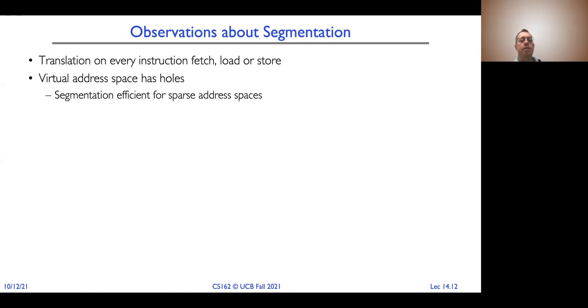And the virtual address space has holes, because you are not going to use everything in your virtual address space. That's why you use segmentation in the first place.